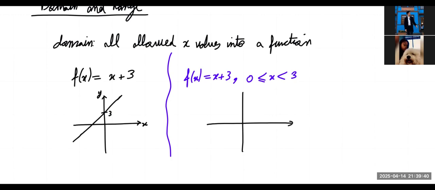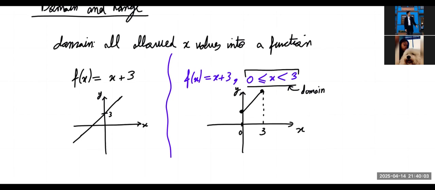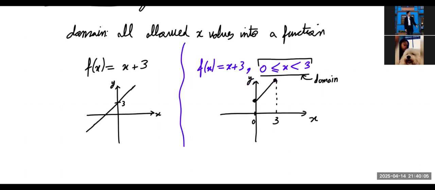So instead of drawing the whole thing, I will only use the part starting at x equals 0 and going up to x equals 3. So we call this the domain, all allowed x values. So the graph becomes cut. We're only using a part of it. Does this make sense? That's basically the idea.